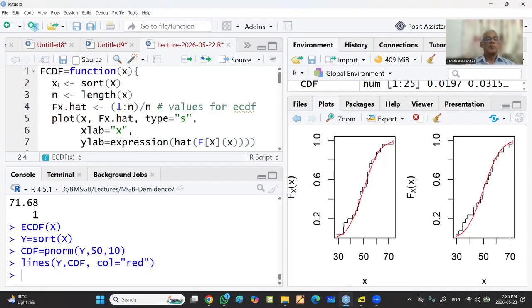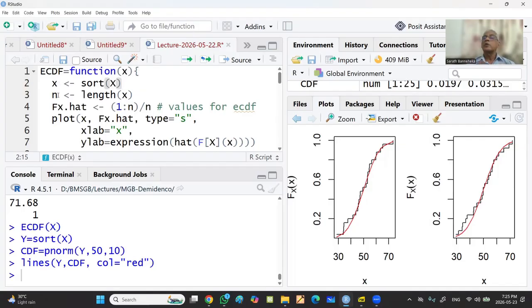I will use the same name after sorting also, because as I mentioned earlier, I am going to use the sorted data set rather than the original data set. Therefore, I will call it x again.